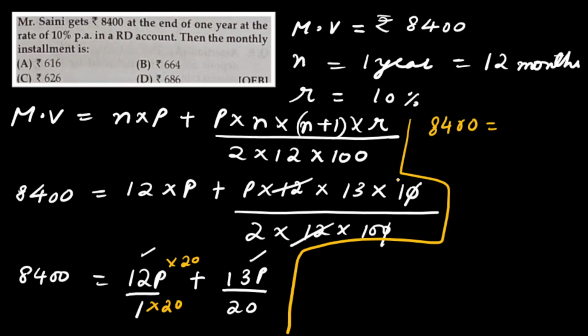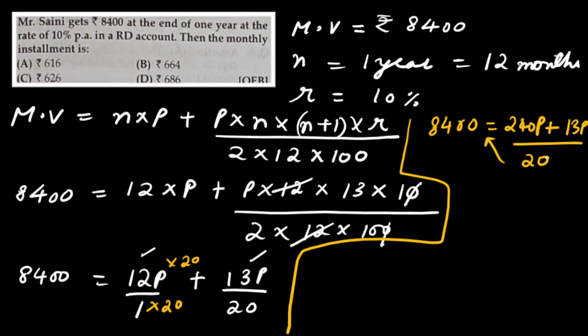8,400 is equal to 12 into 20, so that is 240P plus 13P by 20. So the LCM we have taken. Here I have gotten 8,400 is equal to 240P plus 13P by 20. Now let's shift 20 to this side.